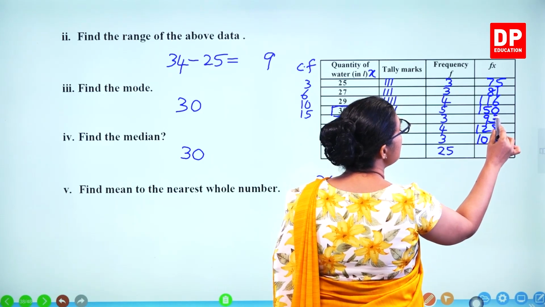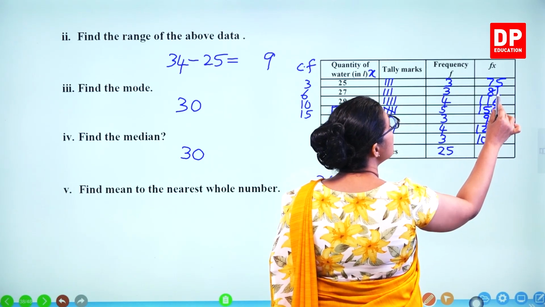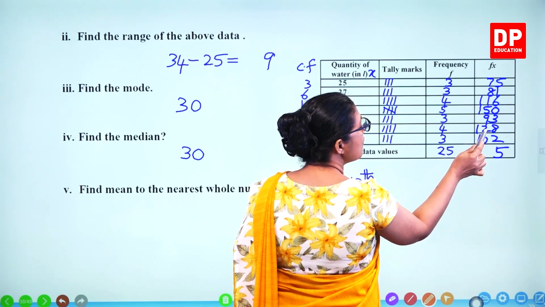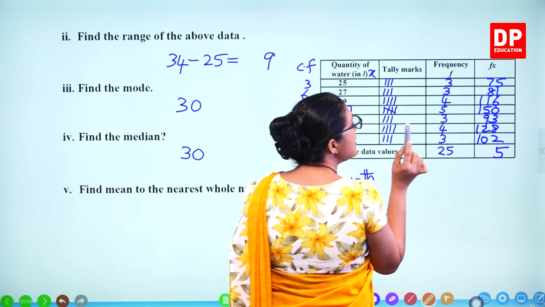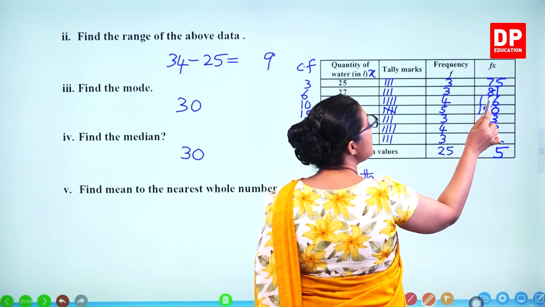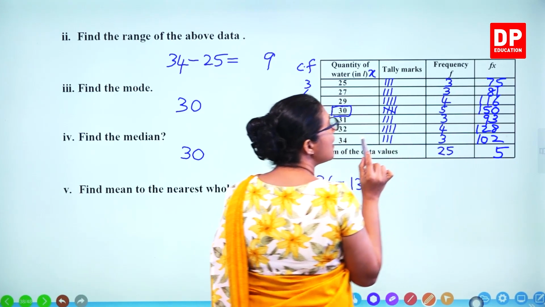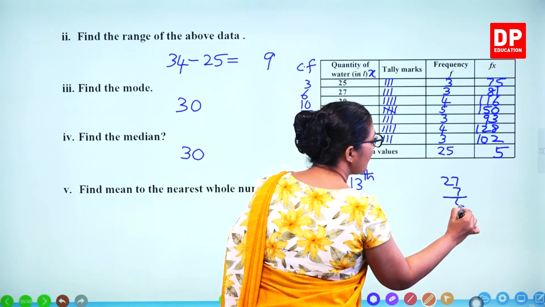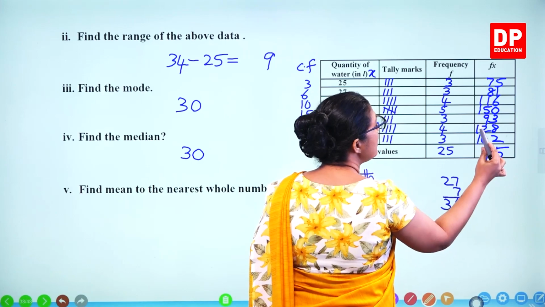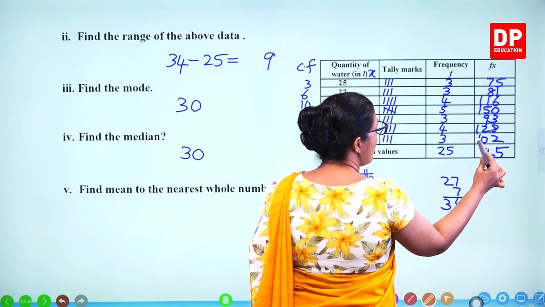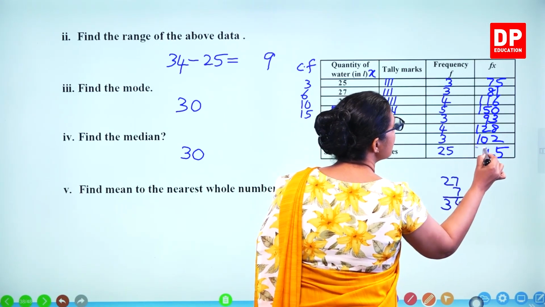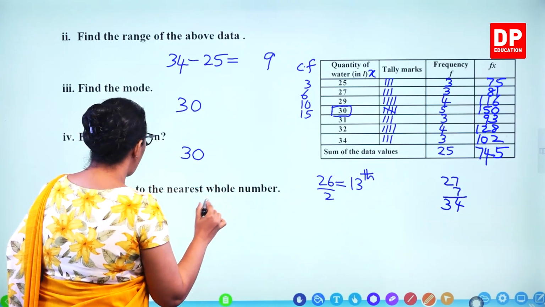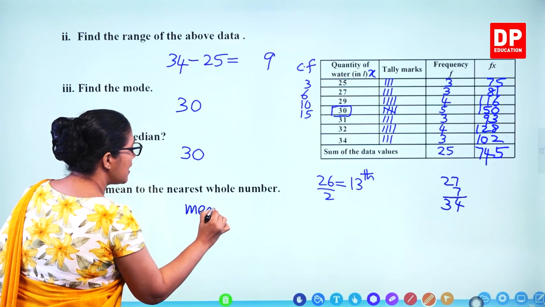Adding up, the fx total is 745. So how do you find the mean?